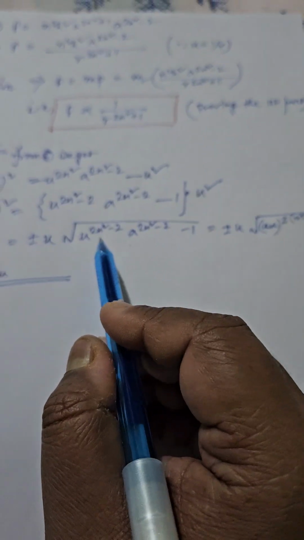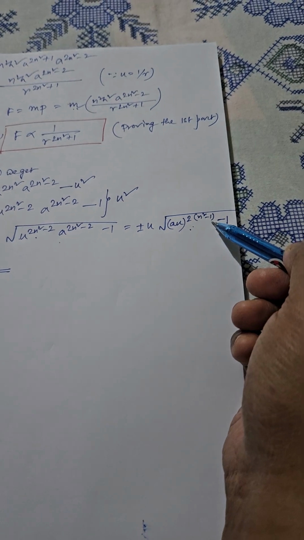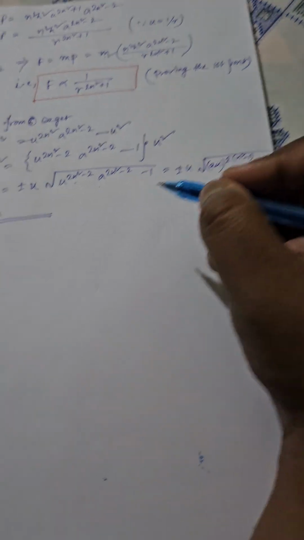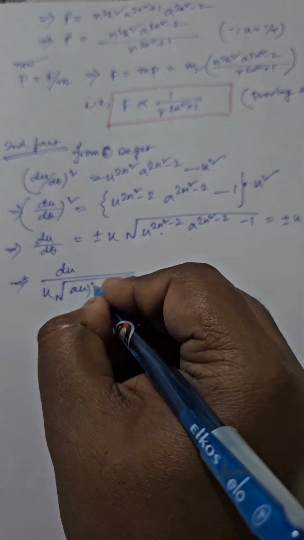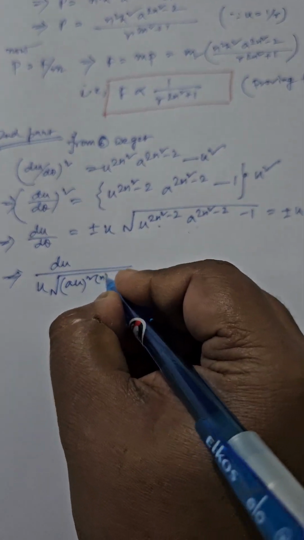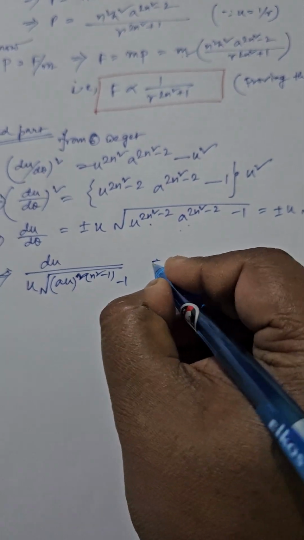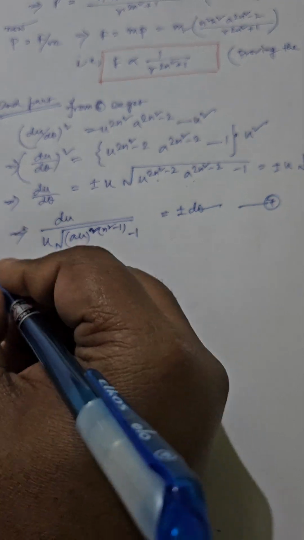In this way we can write this expression, au then to the power 2n square minus 2, and so you can write au whole square to the power n square minus 1 minus 1. From here you can rewrite this expression in this fashion. So here we are using this criteria: au whole square to the power n square minus 1 minus 1 plus minus d theta. This is equation number 7.